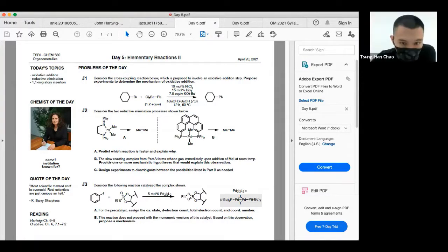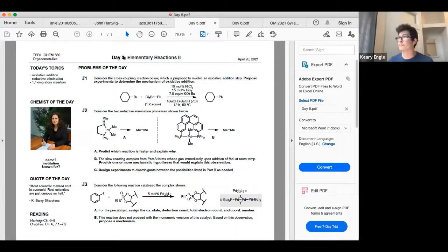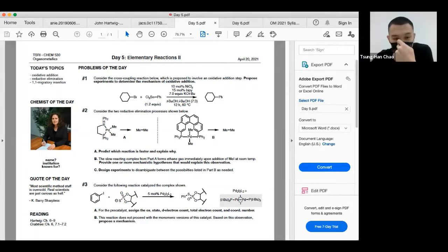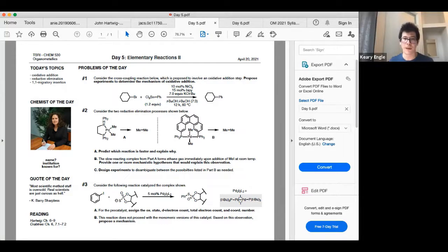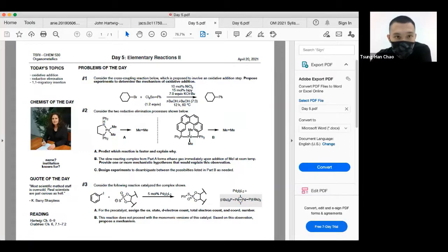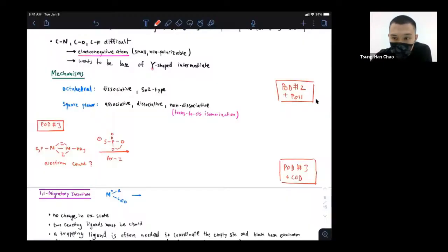I think the methyl iodide may add to the palladium. Okay. What kind of addition? Oxidative addition. Okay. And then what would that yield? I think it will form an octahedral complex. Okay.